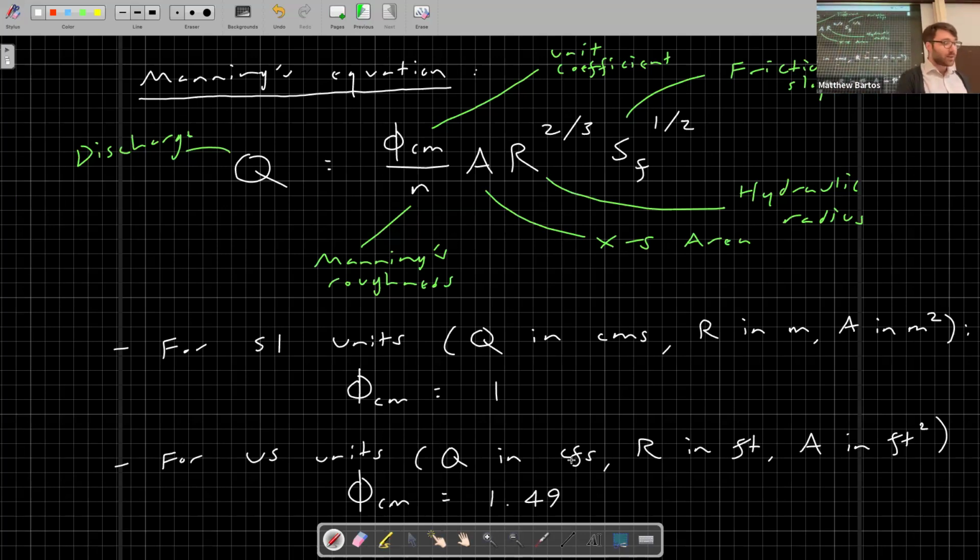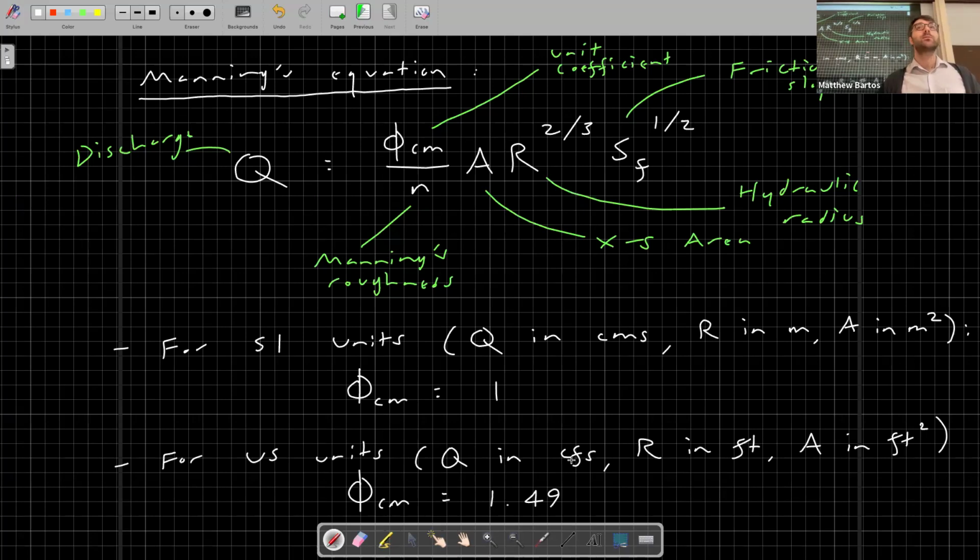It's also applicable for pipe flow. Note that it is only applicable for water. So there's no information in here about the viscosity of the fluid. That's because Manning's equation really just works for water. Other than that, it's a pretty good approximation and widely used in open channel flow, also in pipe flow.